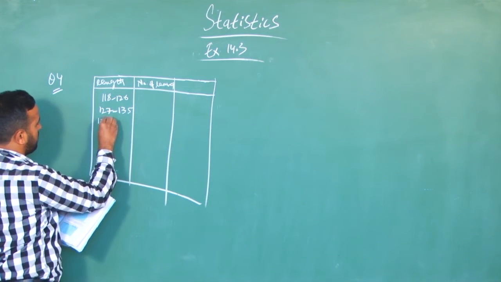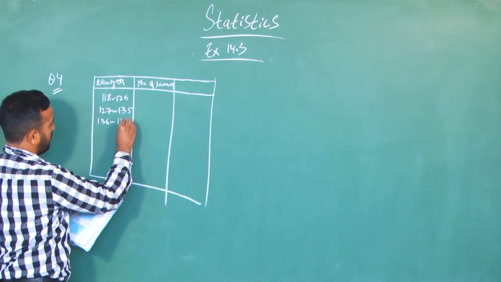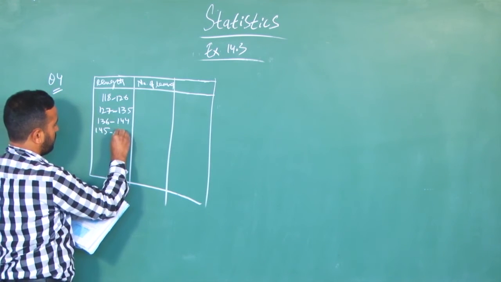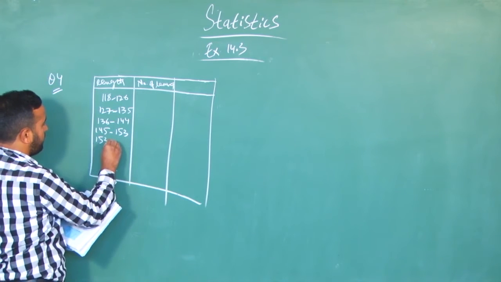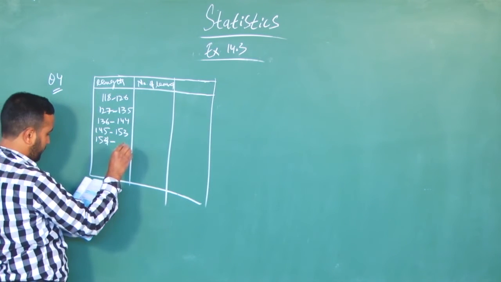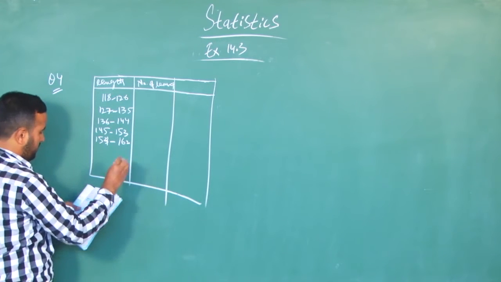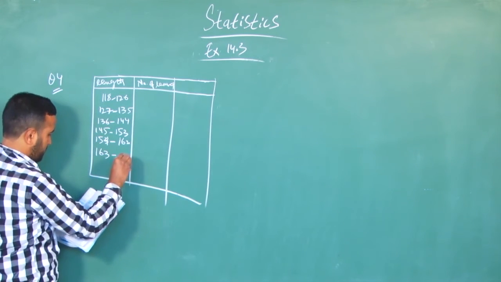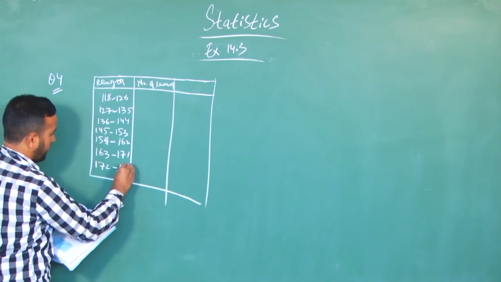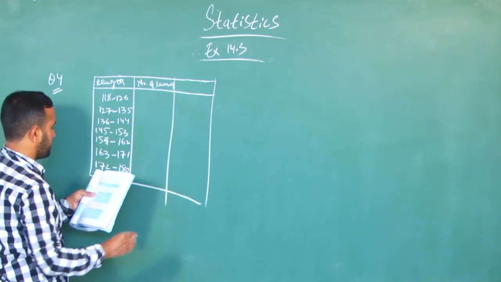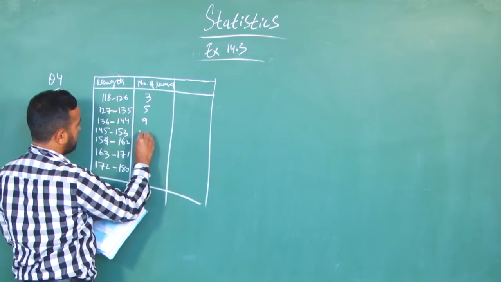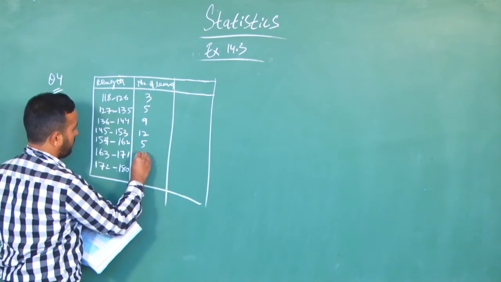Then 136 to 144, 145 to 153, then it is 154 to 162, then 163 to 171, and then we have 172 to 180. And what are the corresponding frequencies of these groups? It is 3, 5, 9, 12, 5, 4 and 2.